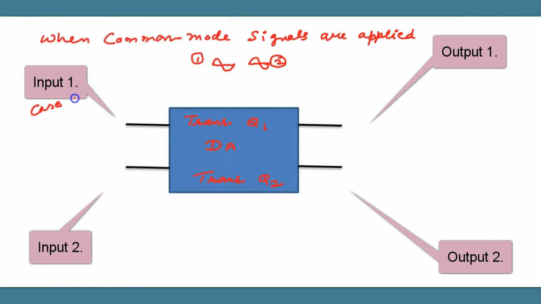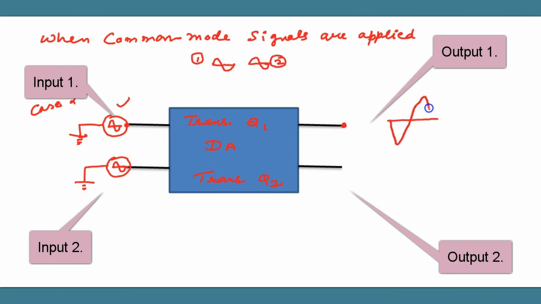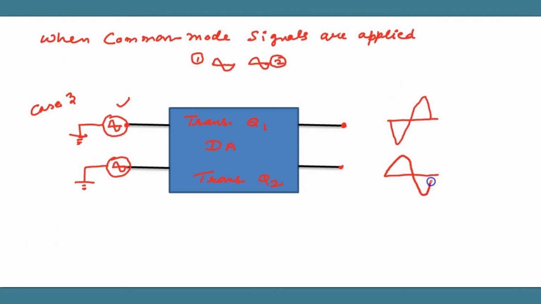Case number 3. When both the common mode signals are applied to both the inputs, input number 1 and input number 2, Vout1 here will be opposite in phase to the V input number 1, and Vout2 will be in phase with the V input number 1.